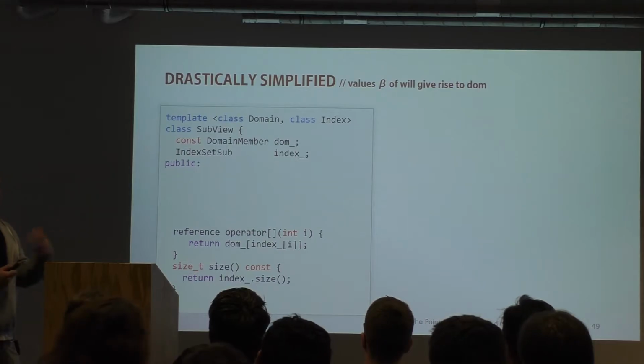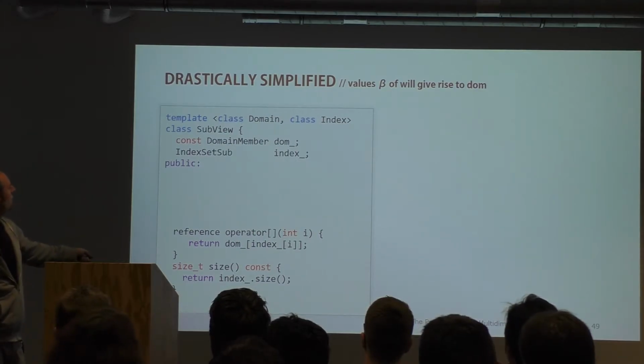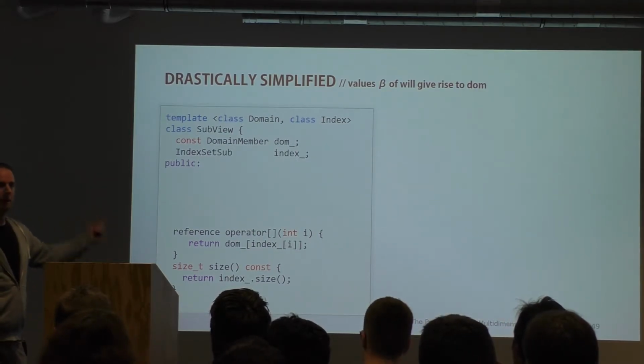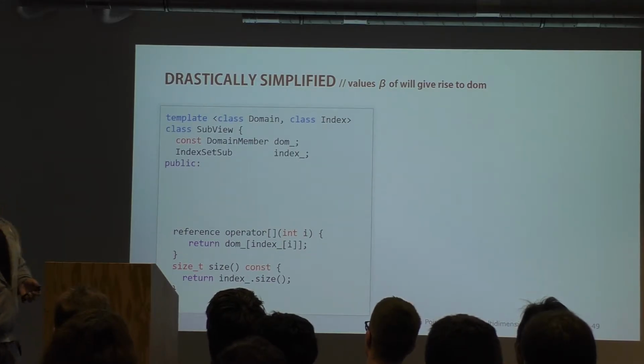And whenever the view has to access its elements, it doesn't own them, so it has to pretty much redirect them from its domain and apply its index. So you have a simple arithmetic interaction in between. And a view also doesn't know about its size. A view just asks its index about its size.